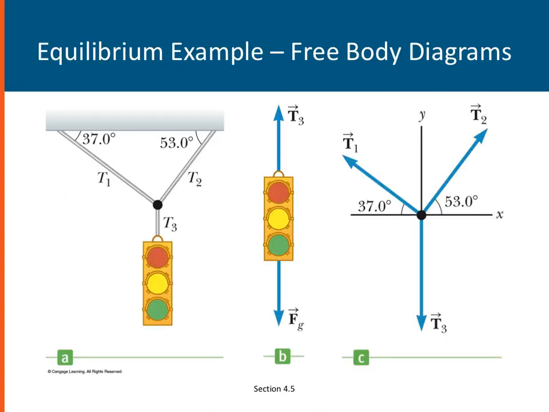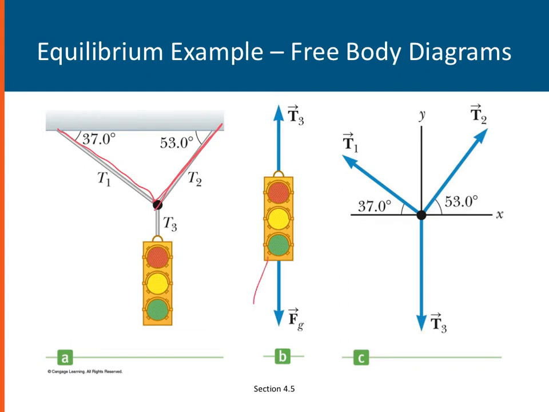Let's take a look at this equilibrium example and the free body diagrams that are drawn from it. So we have these two cables that are holding up a stoplight. And the two cables are at two different angles. We have a 37-degree angle and a 53-degree angle. And the stoplight is being held by just a single cable here. And so we have 2 points of concern. We have the stoplight. What are the forces acting on the stoplight?